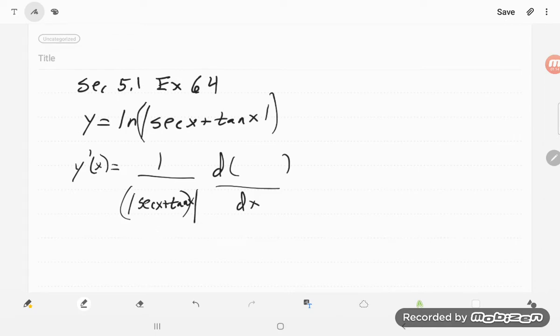So that part, but now the derivative of that thing, so secant x plus tangent x, absolute value, like that. And yeah, that looks kind of nasty because, again, an absolute value, that's a piecewise defined function.